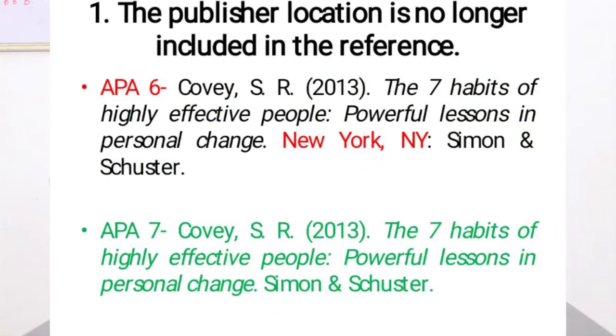The publisher location is no longer included in the reference. In APA 6, the publisher location was included in the referencing, but in APA 7, the publisher location is no longer needed in the referencing.